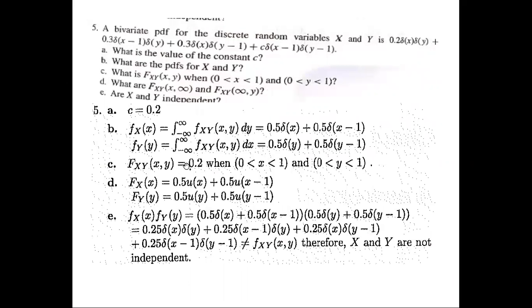Now if you integrate this with respect to both x and y, between the limits 0 to 1 and 0 to 1, you will get the value straight away equal to 0.2 itself.